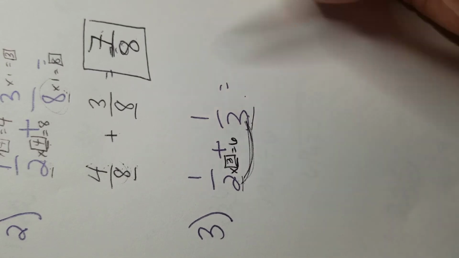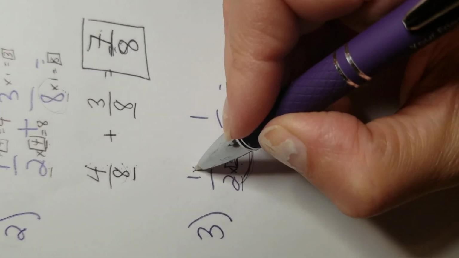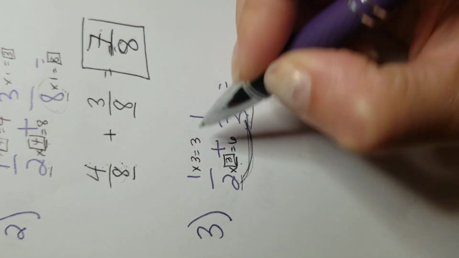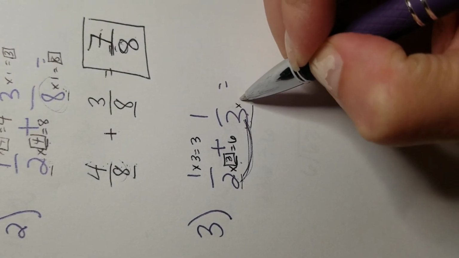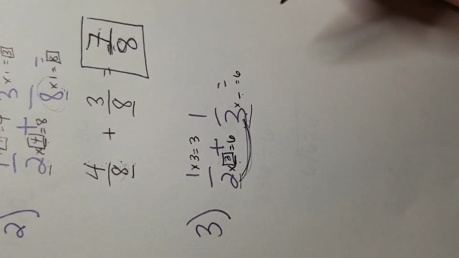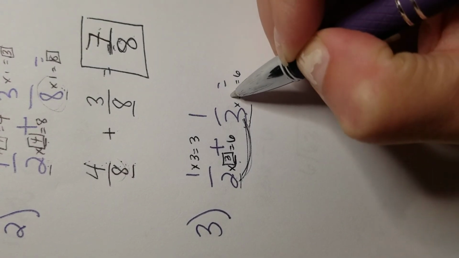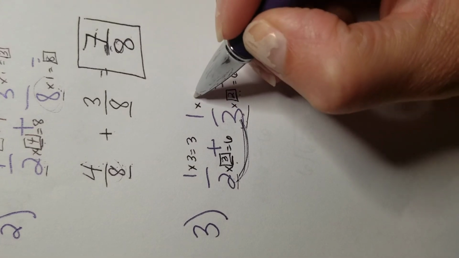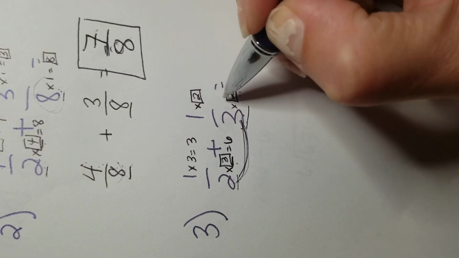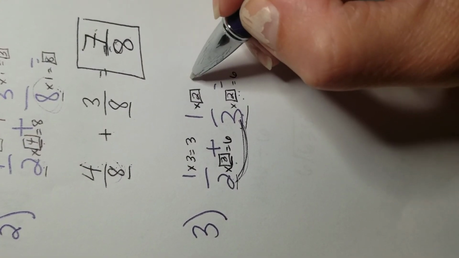And that's 3. So what I multiply the bottom, I have to multiply the top. 3 times what gives me 6? And that is 2. So what I multiply the bottom, I have to multiply the top.